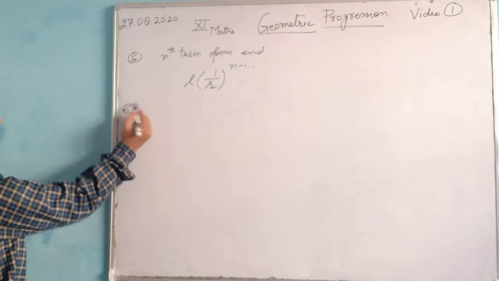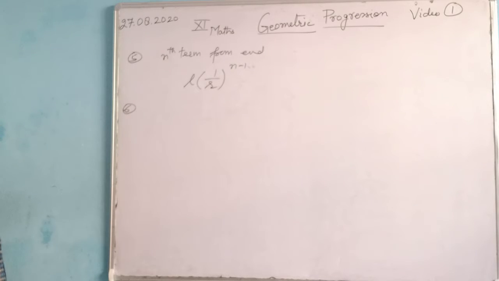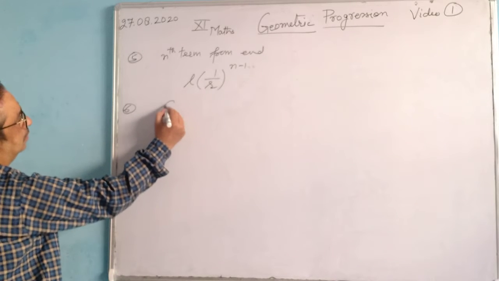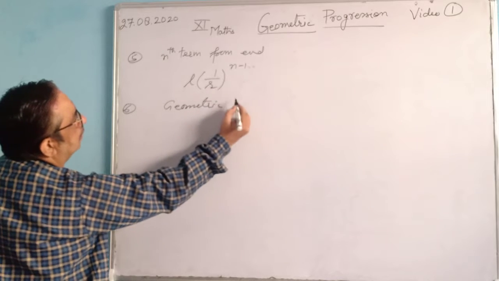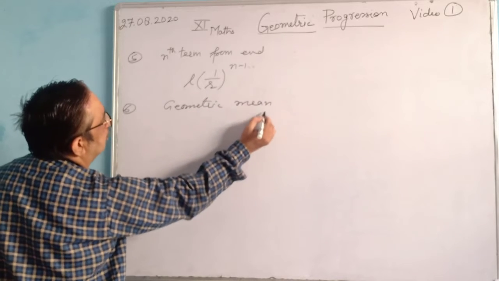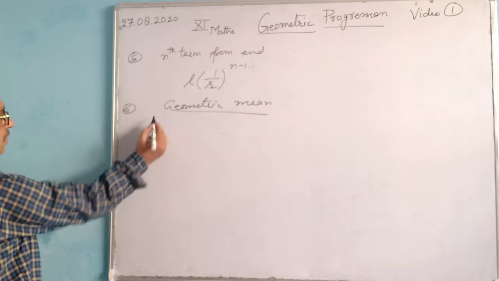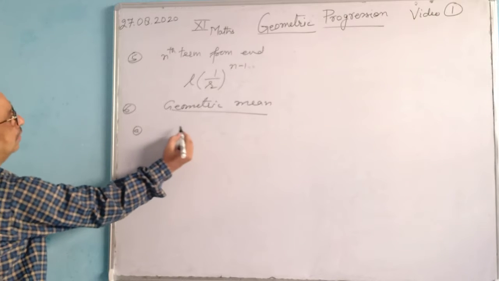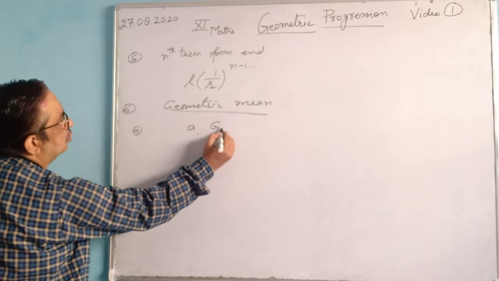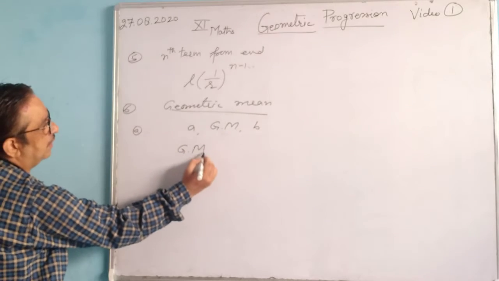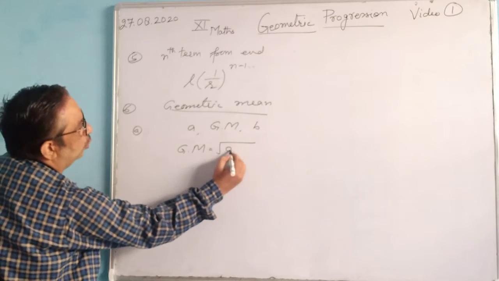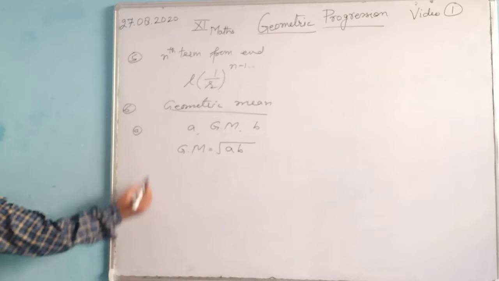The next point, in case of geometric mean. First point, a and b geometric mean. That means geometric mean equals root of ab.